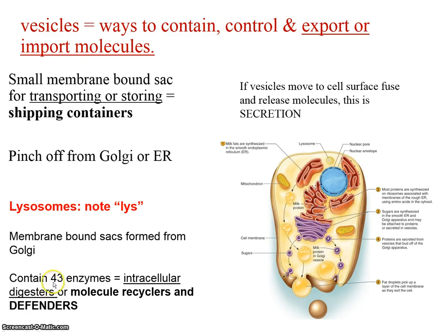And they contain about 43 different enzymes that will help digest and recycle. So break down and recycle worn out organelles and chemicals inside the cell, as well as, in some cases, recycle the components of something the cell has consumed, like a bacterium, right?